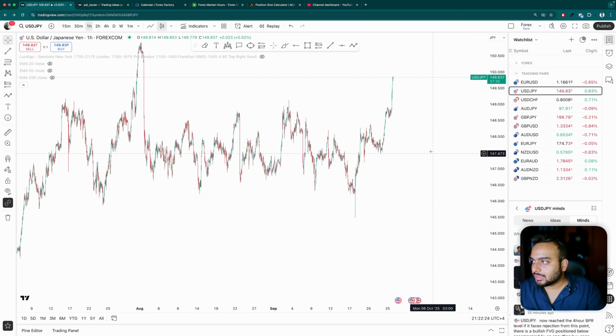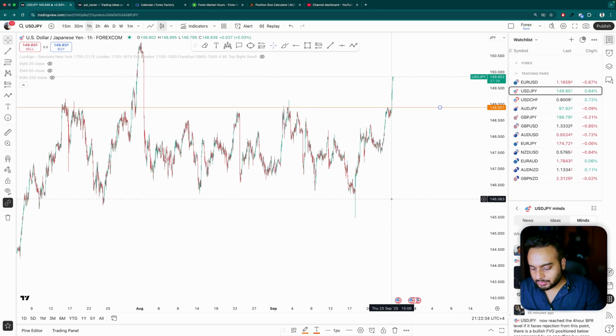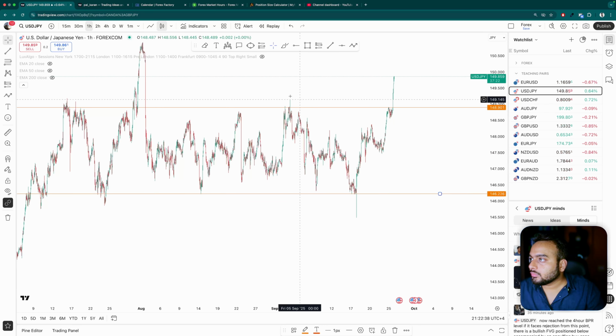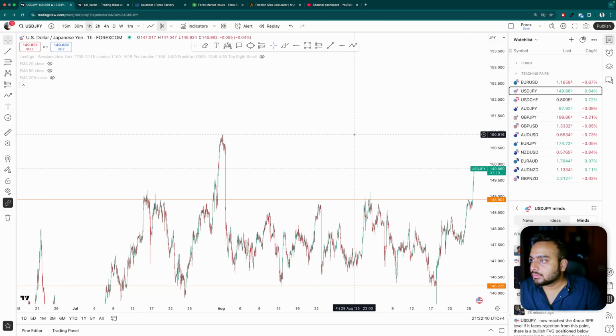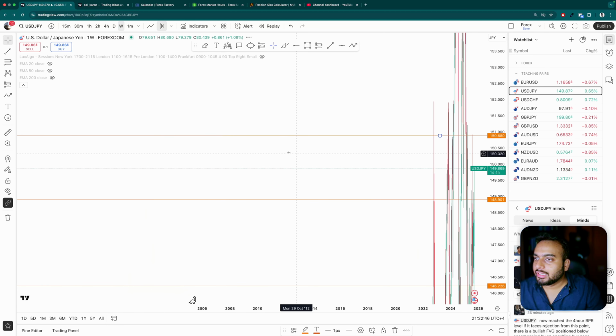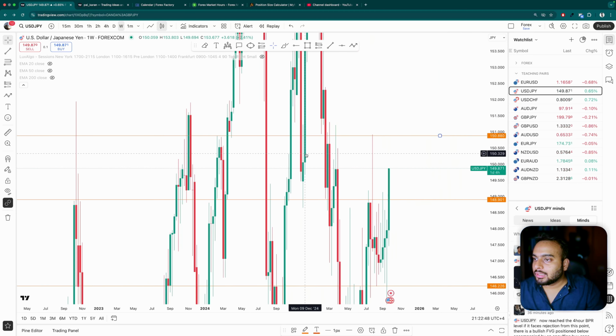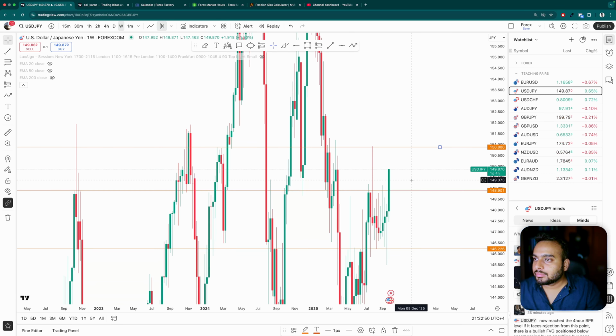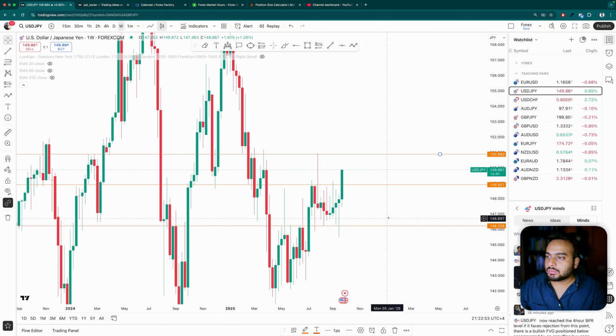First we'll mark the swing high and swing low so that we have support and resistance levels. Let's put it here. One here as well. And let's actually shift to the weekly time frame. Sorry, my bad, I didn't do it in the weekly time frame. So we'll delete this line right now.